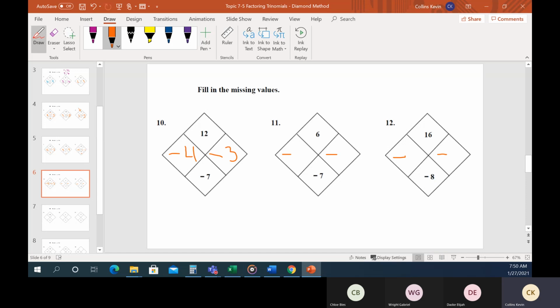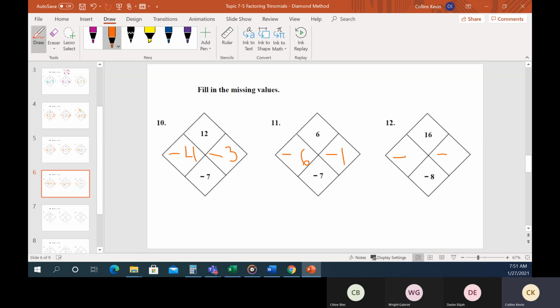I think you meant 6 times 1, right? Probably just a typo, huh? Yeah. Okay, so 6 times 1. Negative 6 times negative 1, positive 6. Negative 6 minus 1 more, negative 7. That's our guy. Good.